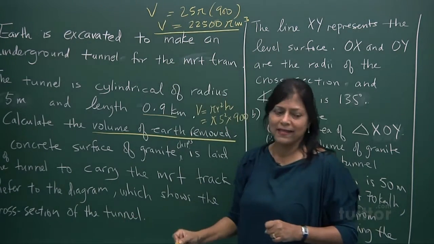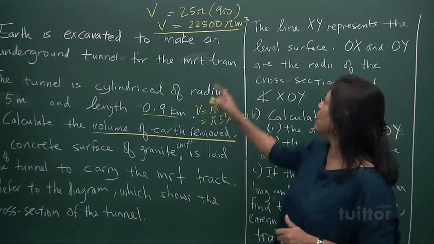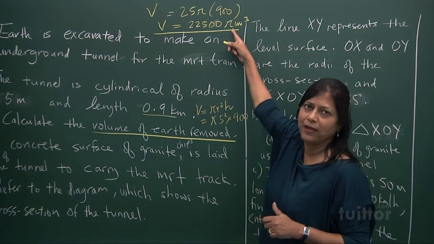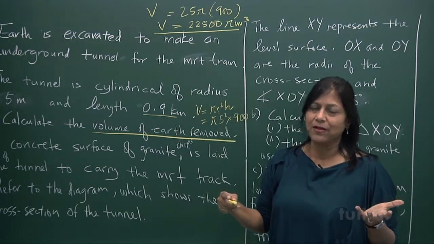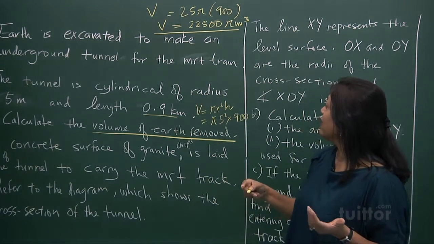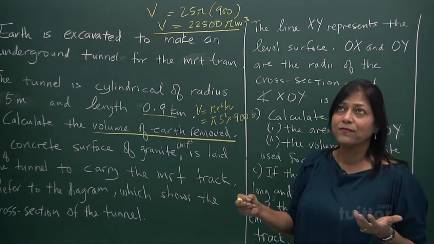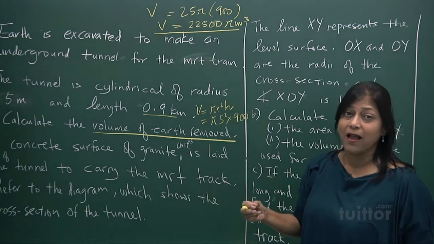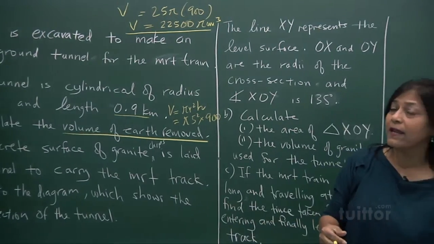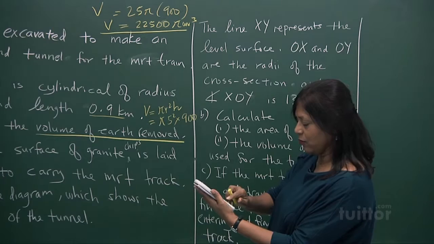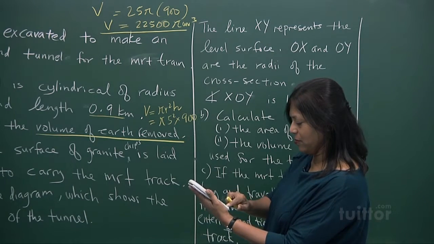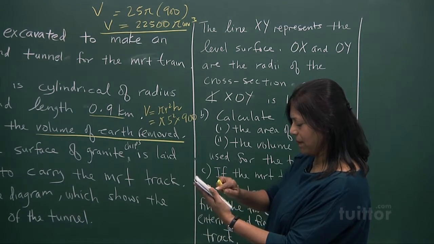But if you want the value, you know that pi is about 3. 3 times 225, what do you get? So look at it again. You're going to work it out with the 2 zeros there. 22500 times pi.